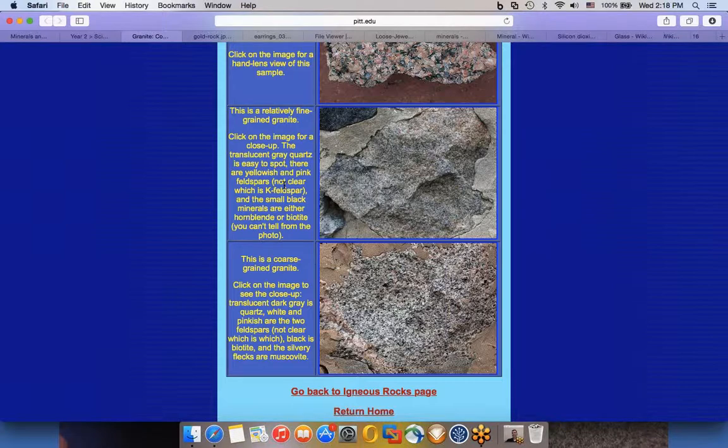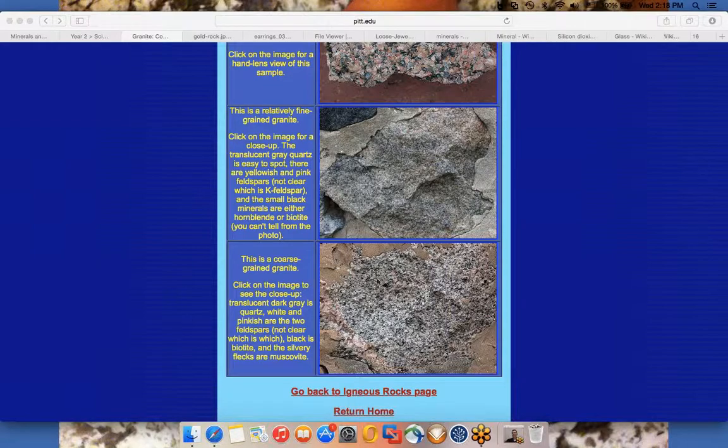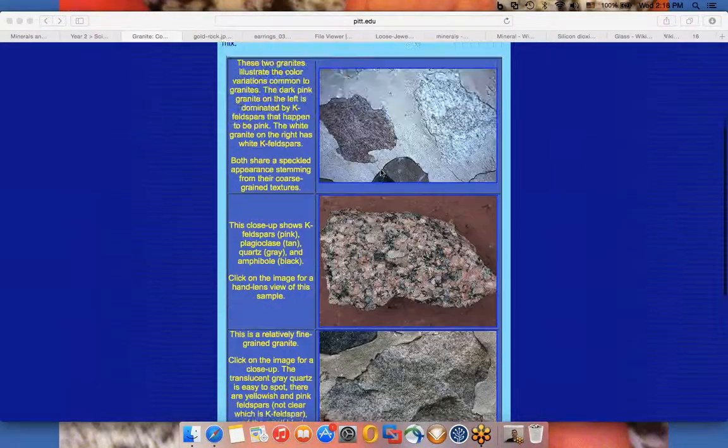And as it cools down, the minerals within the magma form into crystals, okay? So the crystals are what give the different structure here to the granite.